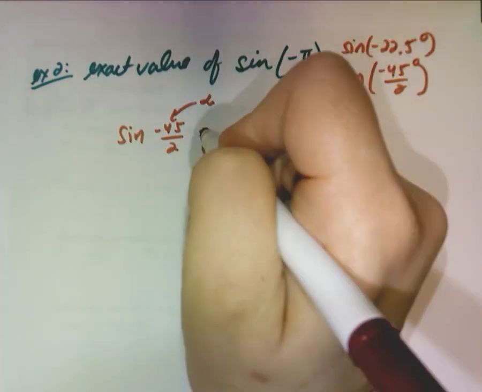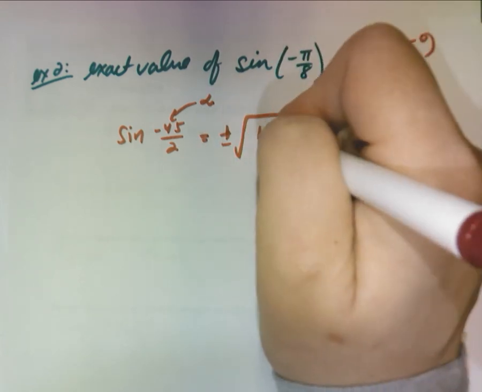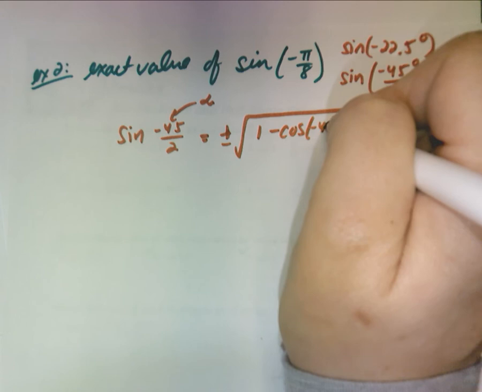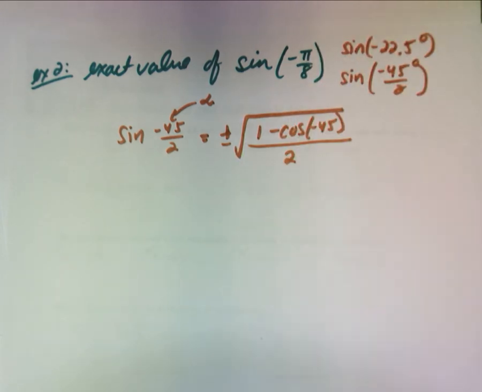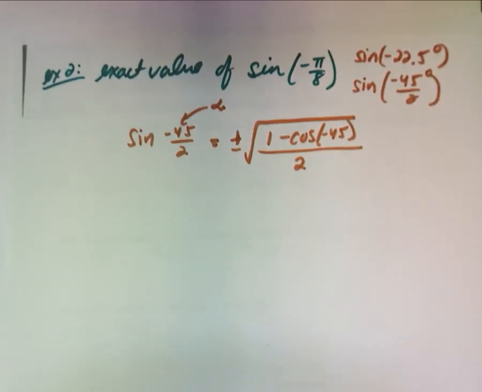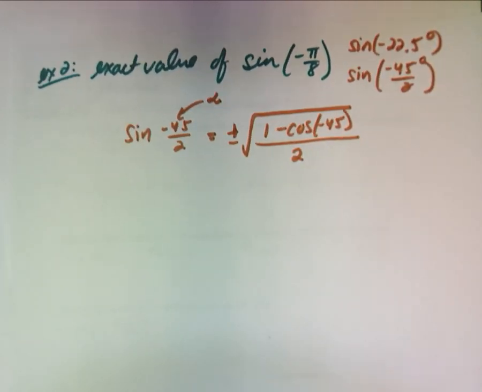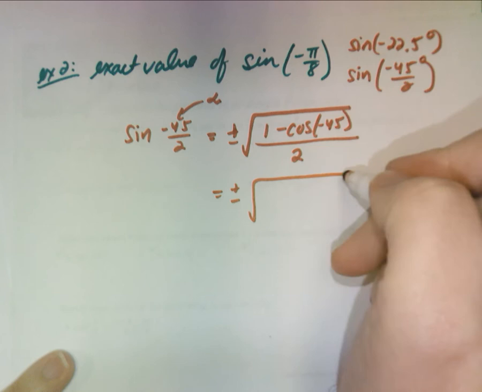Okay, so plus or minus square root of 1 minus cosine at negative 45 divided by 2. The cosine at negative 45 is the same as the cosine at 315. So go to your unit circle and let's find out what the cosine at 315 is.